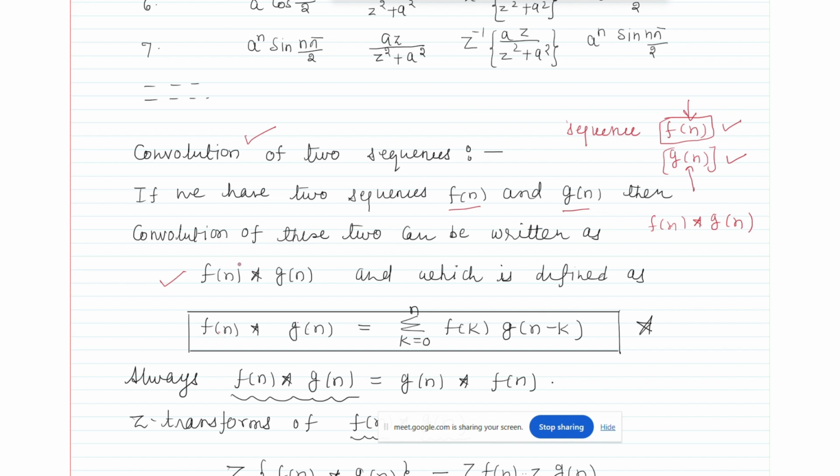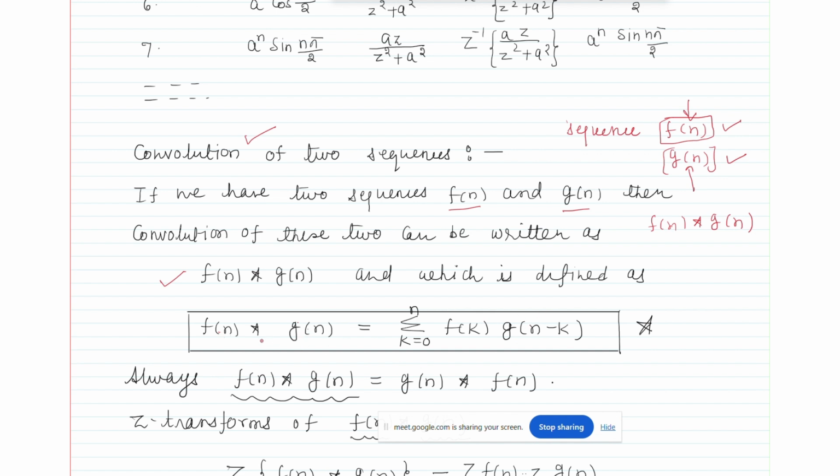We can define convolution by f n star g n, and this equals summation k equals 0 to n of f k into g n minus k. So the convolution of two sequences we always define as f n star g n equals summation k from 0 to n, where we replace n by k, writing f k into g n minus k.